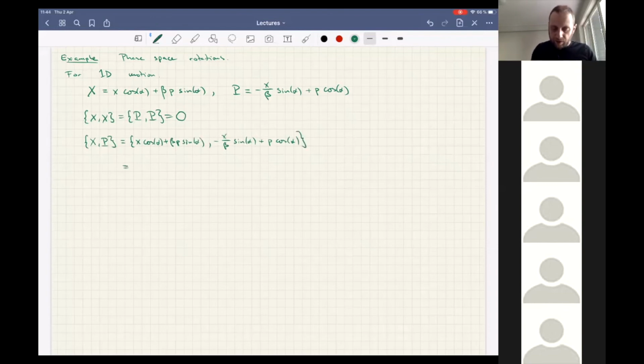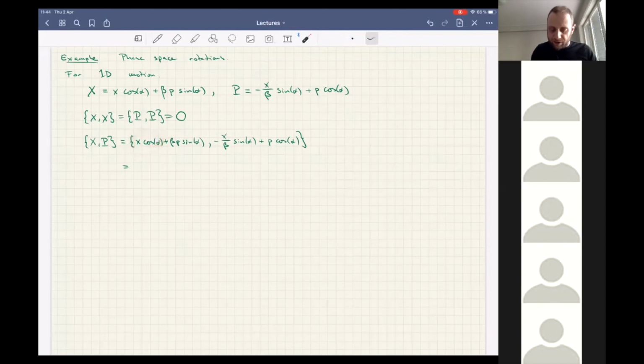Now, if we look at the first term in the first argument of the commutator, the only thing it has is an x. And we remember that this Poisson bracket is linear, so I can just check each term separately.